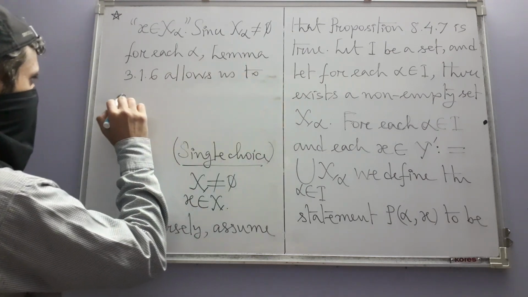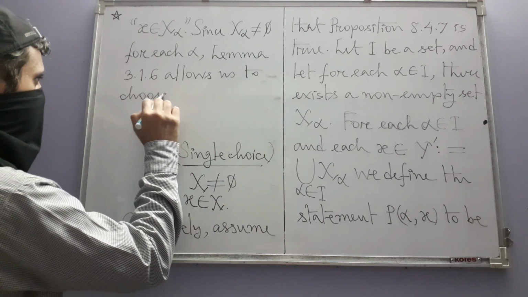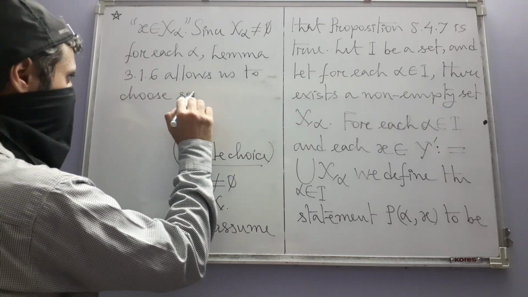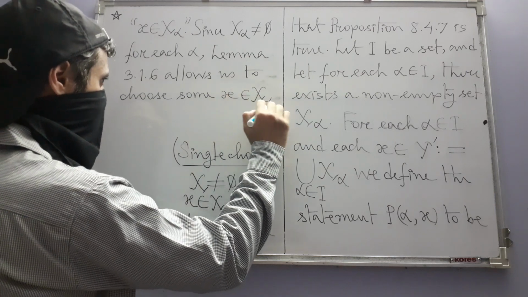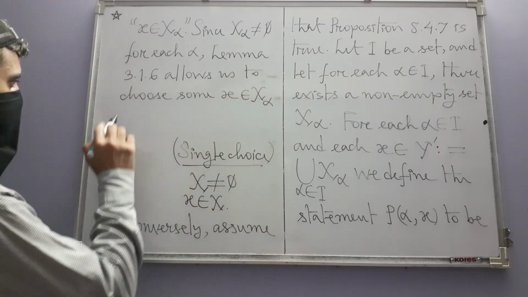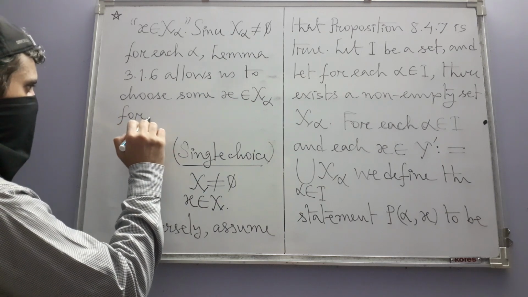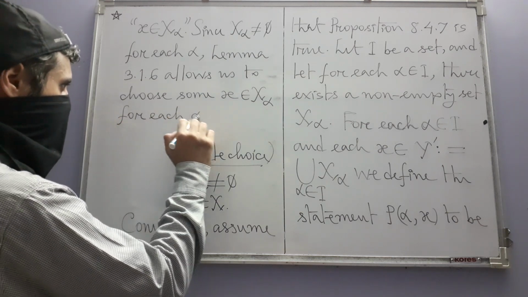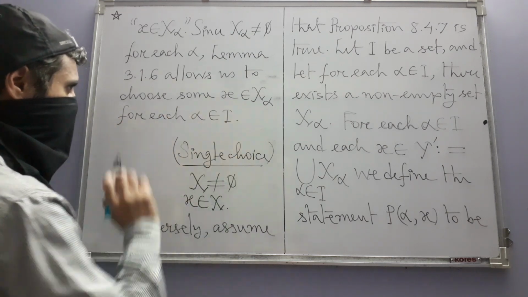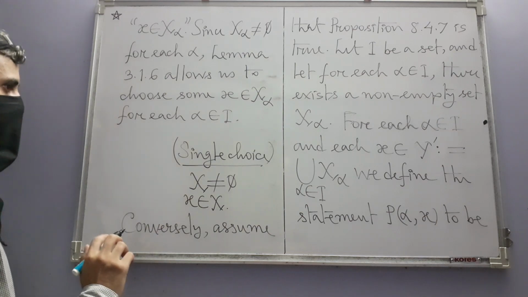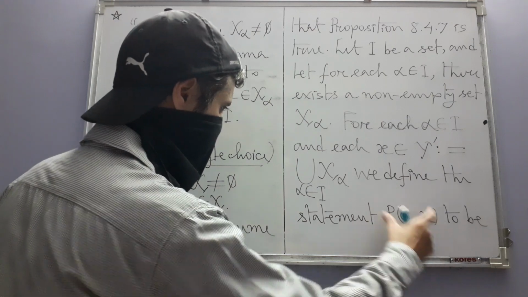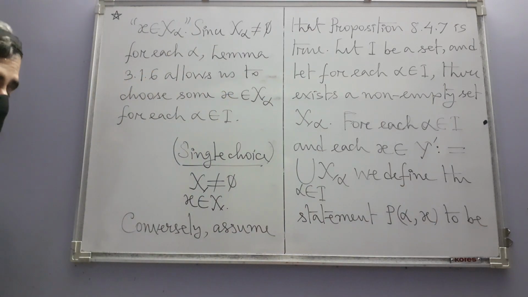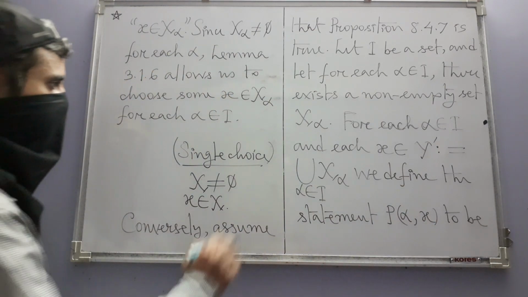Allows us to choose some X in X alpha for each alpha in I. But then for this alpha and this X, by definition P of alpha comma X is true, naturally.